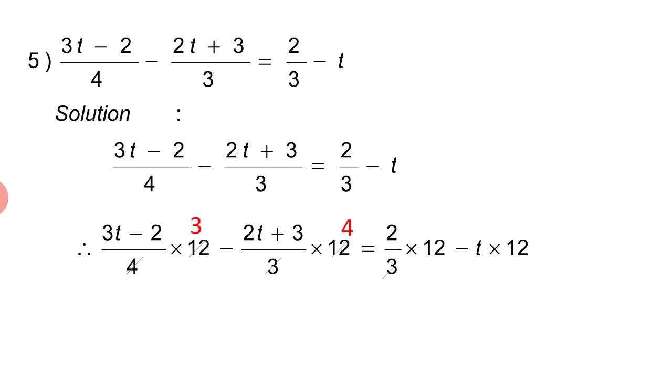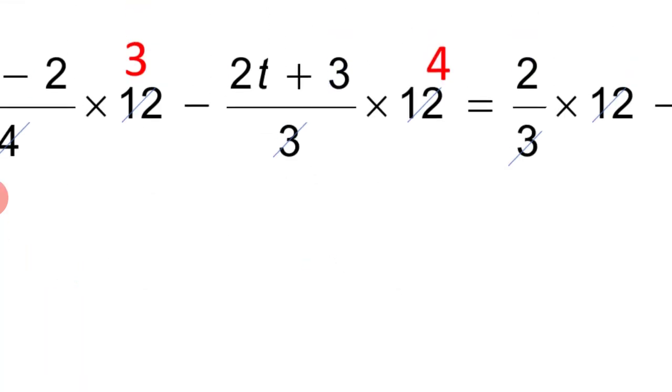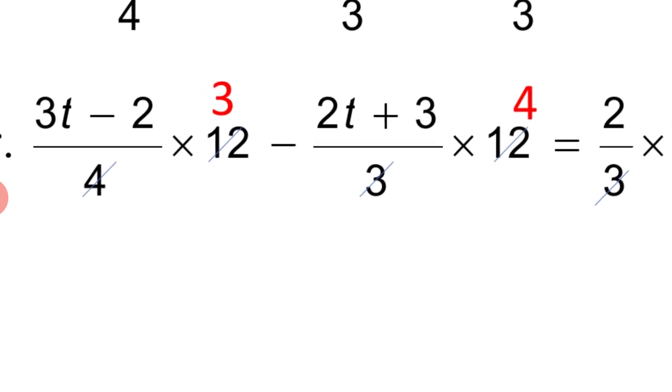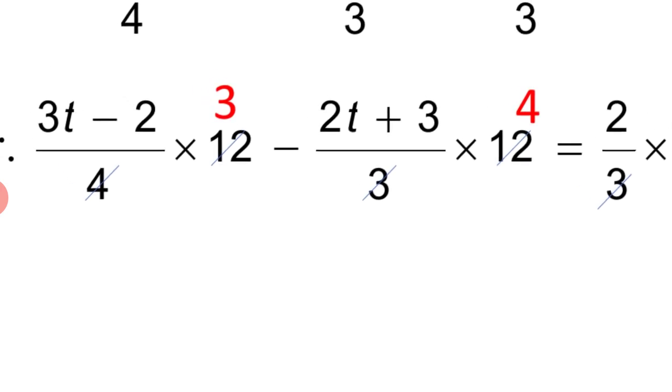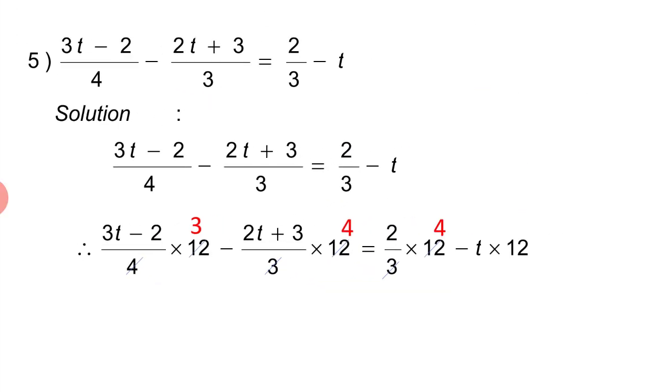Similarly, for the third term, 3 ones are 3 and 3 fours are 12. So have you seen we have cancelled now? Here we can cancel the common factors and simplify. Similarly, in this particular term, 3 ones are 3, 3 fours are 12.